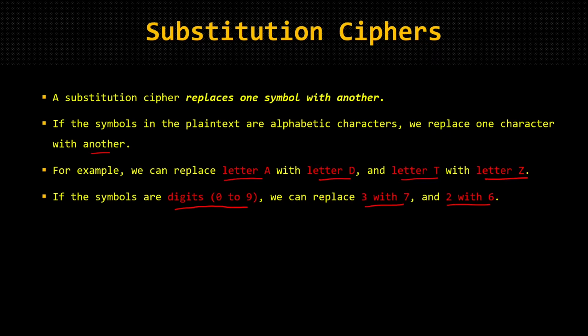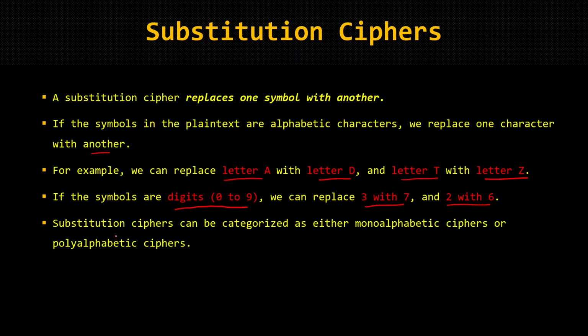This manner of replacing one character with another is known as a substitution cipher. As I previously mentioned, substitution ciphers can be categorized as either monoalphabetic or polyalphabetic ciphers.